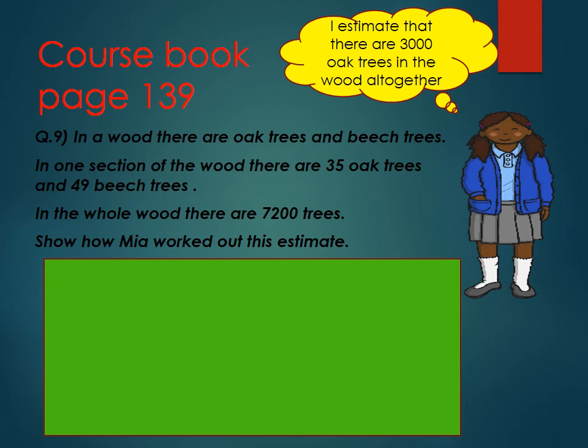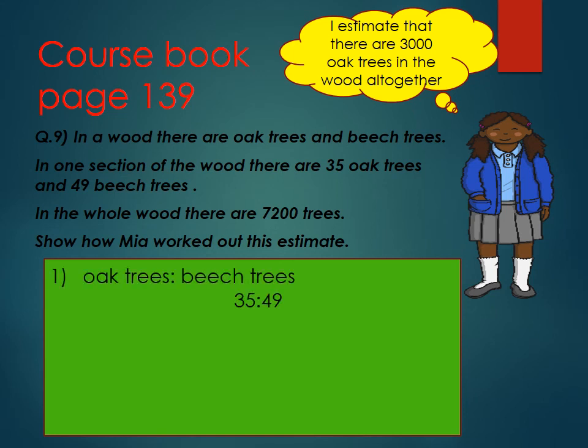Show how Maya worked out this estimation. Her estimation is, she said, I estimate that there are 3,000 oak trees in the wood altogether. We will see how Maya worked out this estimation.